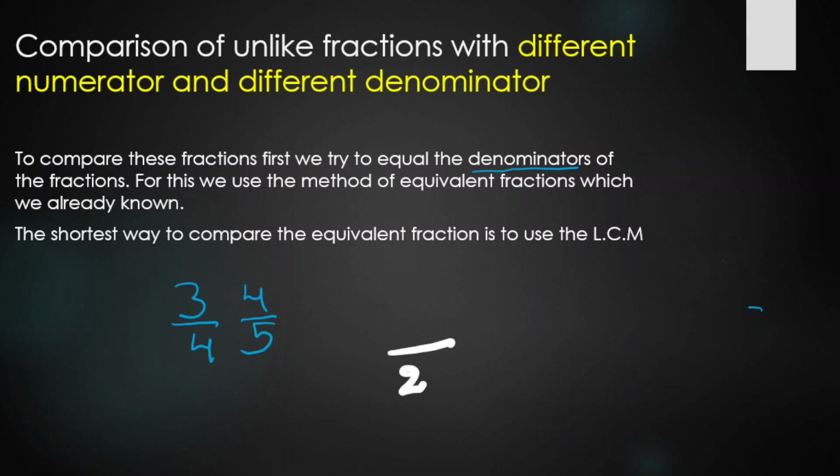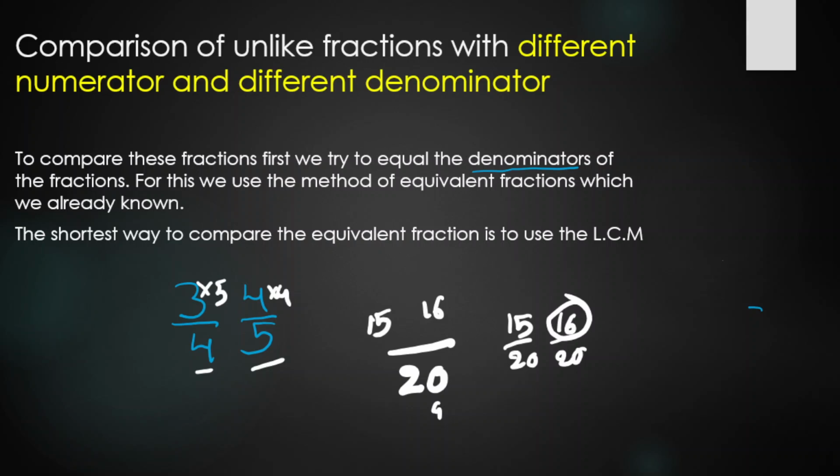Here it becomes 20, and this 4 will go in 20 5 times, so 3 into 5 is nothing but 15, and this 5 will go in 20 4 times, so 4 into 4 is nothing but 16. Here these are unlike fractions made into like fractions with the same denominator. So in like fractions, the greater numerator is the greater value. So 4 by 5 is greater than 3 by 4.